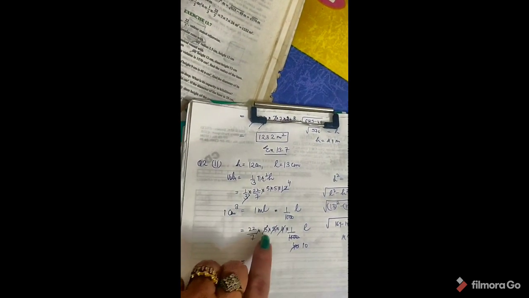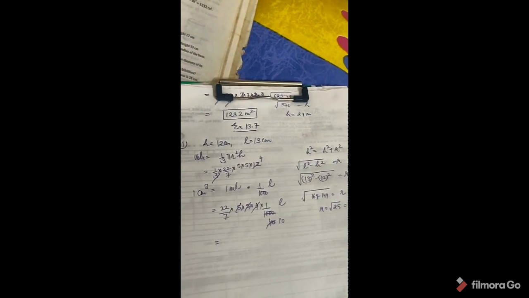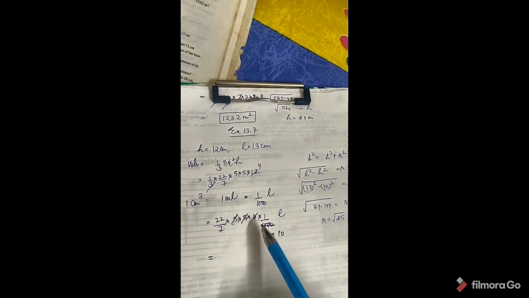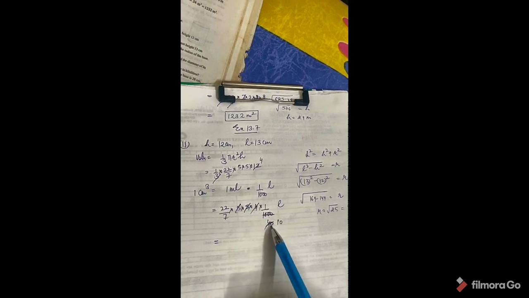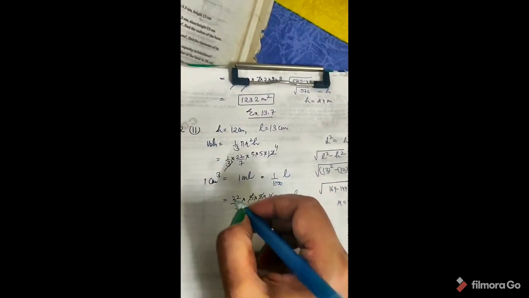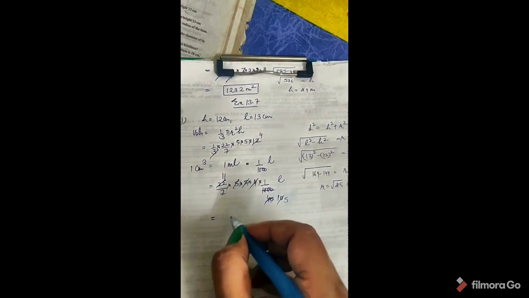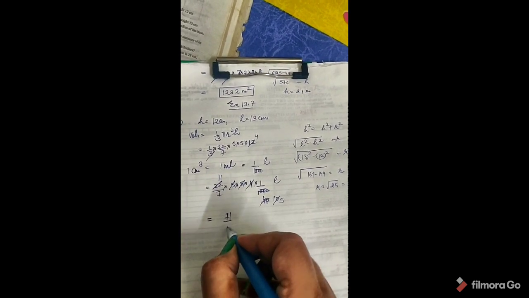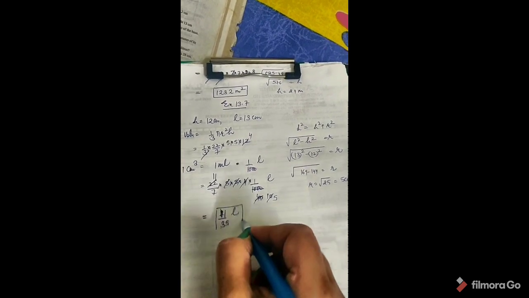That means 22 by 7 into 5 into 5 into 4 into 1 by 1000 liters. Now 5 5s are 25, 25 4s are 100, so this is 22 by 10, and this is equal to 11 by 35 liter is your answer.